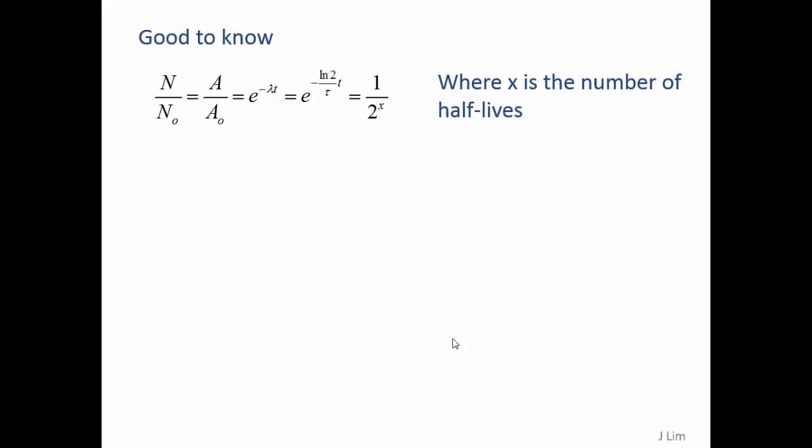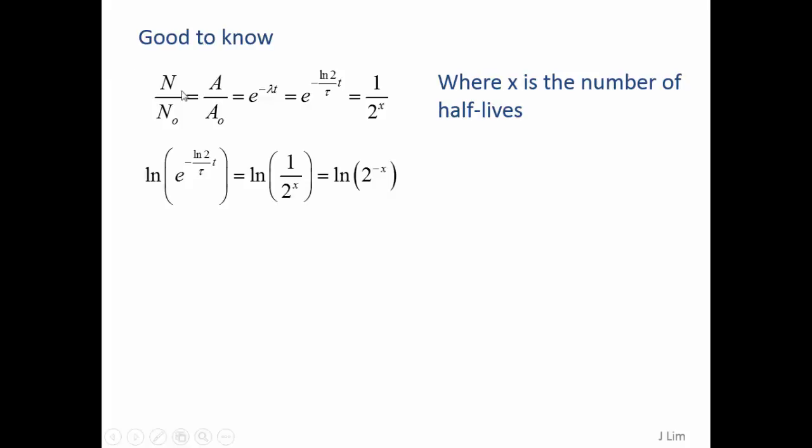Now it's good to know that N over N naught is equal to A over A naught, equal to e to the power minus lambda t, where lambda is equal to ln 2 over half-life, and this is also equal to 1 over 2 to the power x, where x is the number of half-lives.